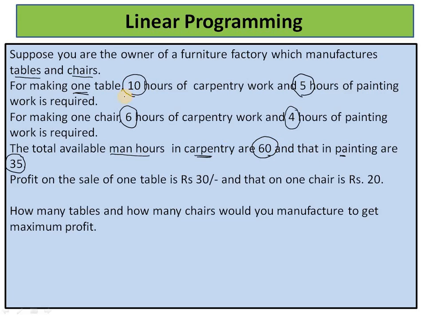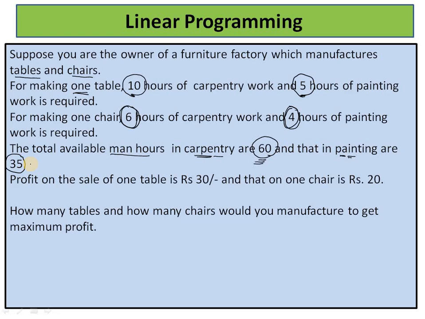So one table requires 10 hours of work in carpentry department and one chair requires 6 hours of work in carpentry department. One table for painting takes 5 hours in painting department and one chair in painting department takes 4 hours. And you have 60 hours in carpentry department. Your capacity of carpentry department is only 60 hours and your capacity of painting department is 35 hours.